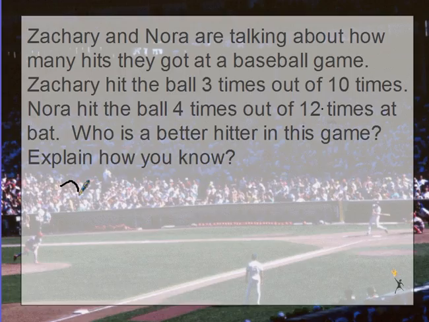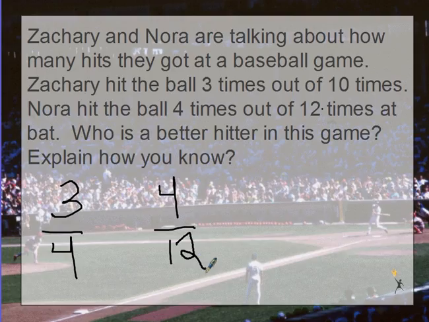So we have 3/4 and 4/12. So now we're comparing again. Which one's greater? Draw a picture. We don't have like denominators. We don't have like numerators. So what other strategy are you going to use? Explain.